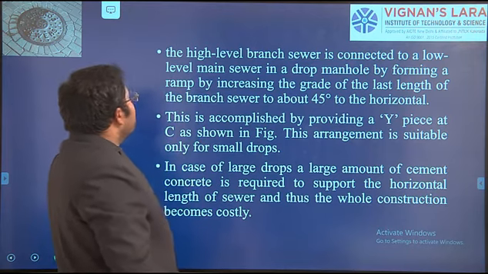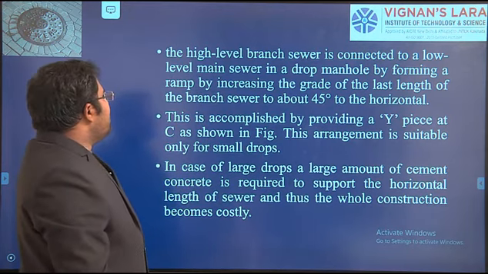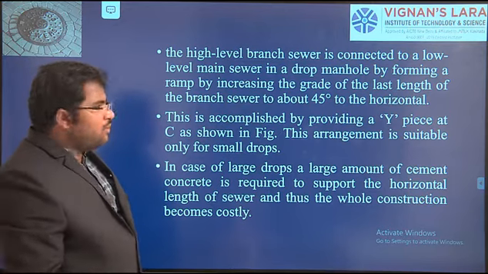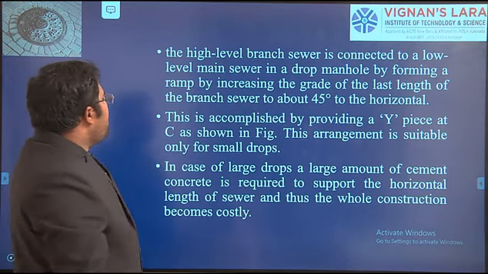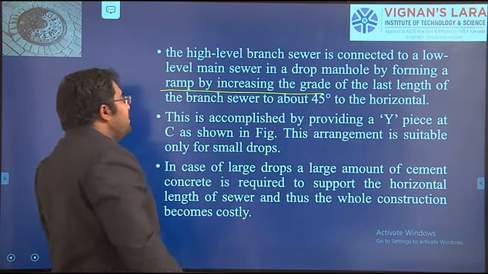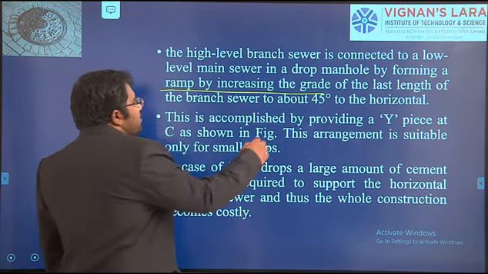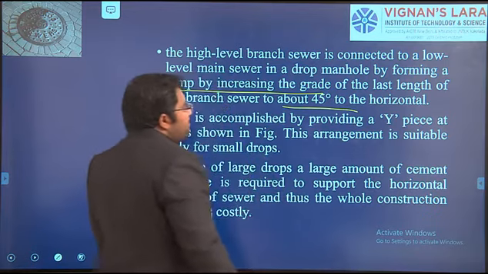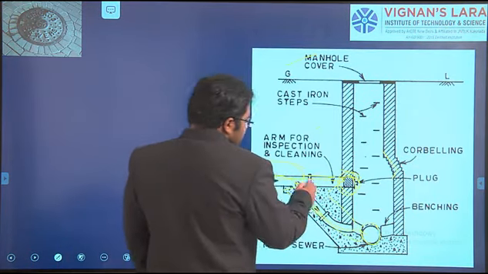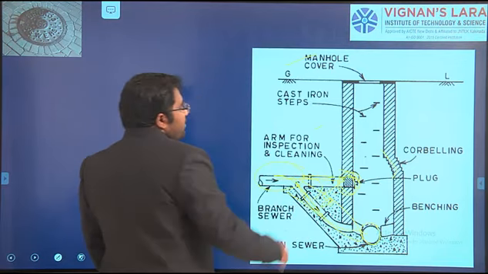Next, the high level branch sewer is connected to a low level main sewer in a drop manhole by forming a ramp, increasing the grade of the last length of the branch sewer to about 45 degrees to the horizontal. We are going to provide a ramp like this at an angle of 45 degrees to the main line.